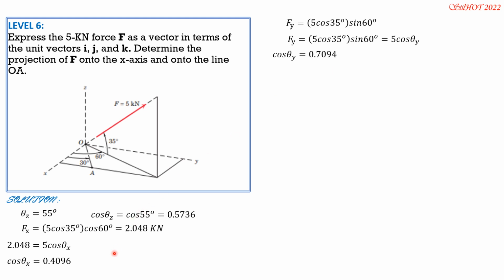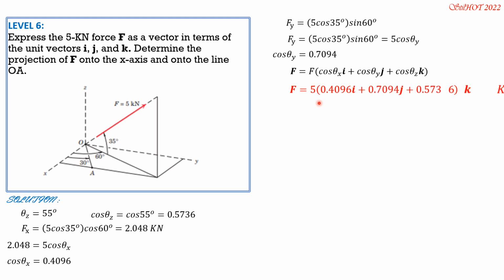Then everything is already present. We can now write F in vector form as F equals 5 quantity cosine theta x i plus cosine theta y j plus cosine theta z k.